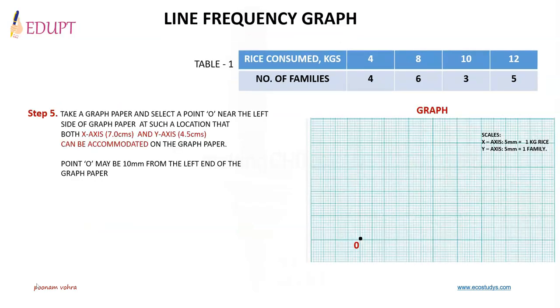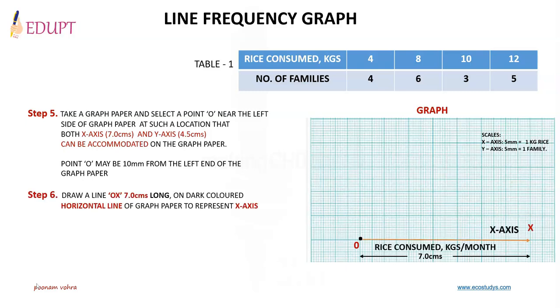Then you take a graph paper and select a point O near the left side of the graph paper at such a location that both x-axis, which will be of 7 centimeters, and y-axis, which is of 4.5 centimeters, can be accommodated on the graph paper. Point O may be 10 millimeters from the left end of the graph paper.